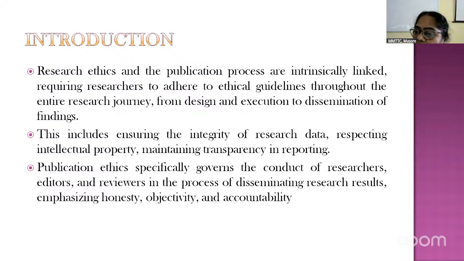Plagiarism and all that plays a very big role in this, if you don't follow research ethics from design and execution to dissemination of your research findings. It also includes ensuring the integrity of research data, respecting intellectual property, and maintaining transparency in reporting.